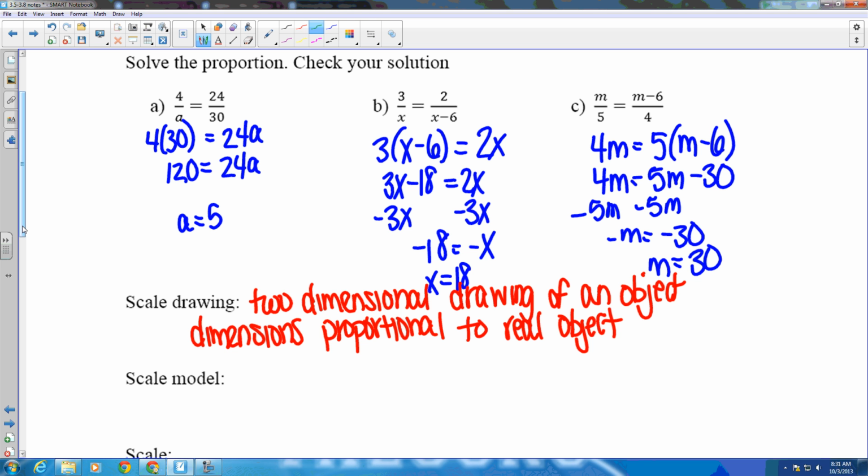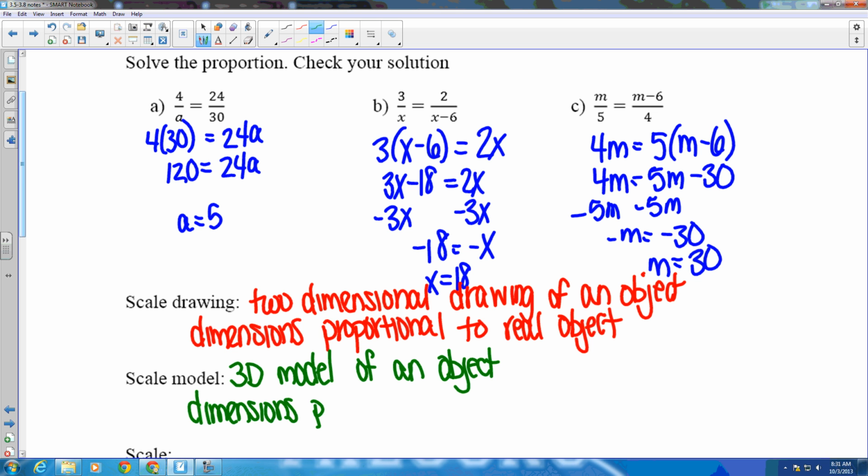A scale model is a three-dimensional model of an object. And again, the dimensions are proportional to the real object.